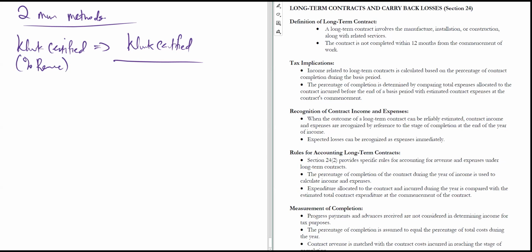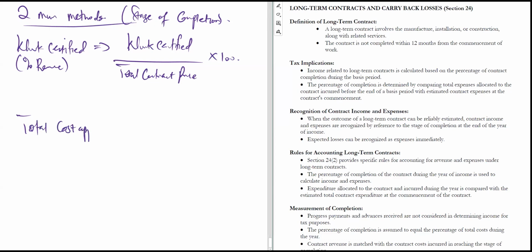To get your stage of completion, you are just taking the work certified, which is the work you've done till date, over the total contract price, times 100. And that tells us what work you've done till date, the percentage completion of the contract. Or the cost approach.